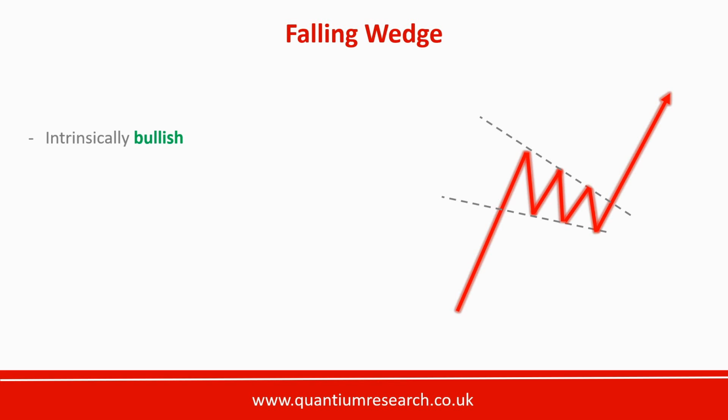For a falling wedge, both trend lines are pointing downwards, as we can see here. Both are pointing downwards, although with the upper trend line pointing towards the downside at a steeper gradient. You can see this has a steeper gradient than this line here. For a pennant though, the trend lines will be pointing in opposite directions, one ascending and the other descending.